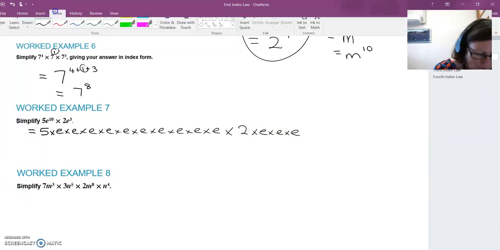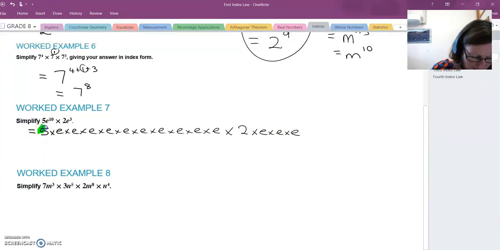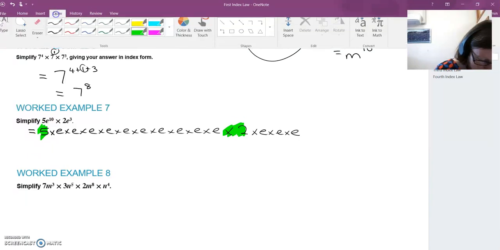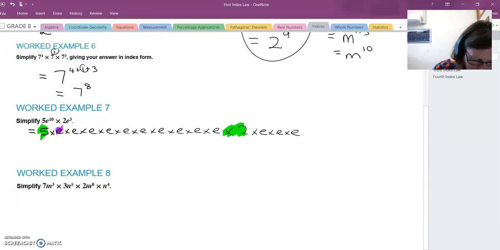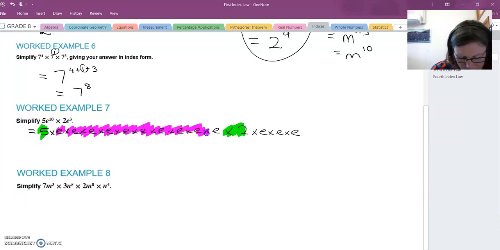If I was doing it the long way, I would get my big numbers and multiply them together, and then I get my e's and work out how many e's there are.